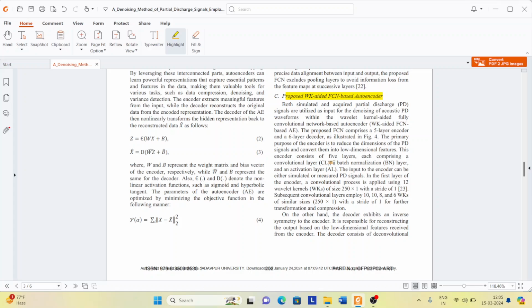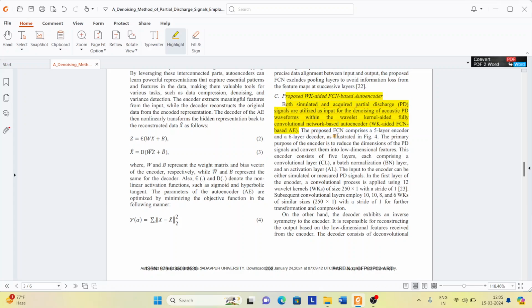The novel thing we have done in this paper is that both simulated and acquired partial discharge signals are utilized as the input, as acoustic partial discharge signal waveforms, within the wavelet aided convolutional neural network autoencoder.